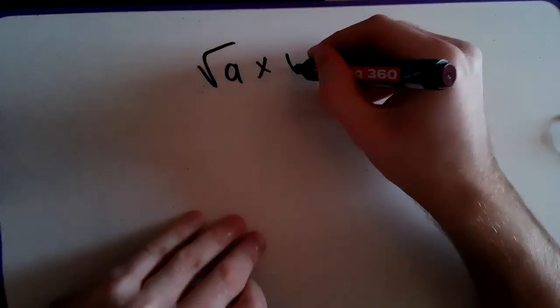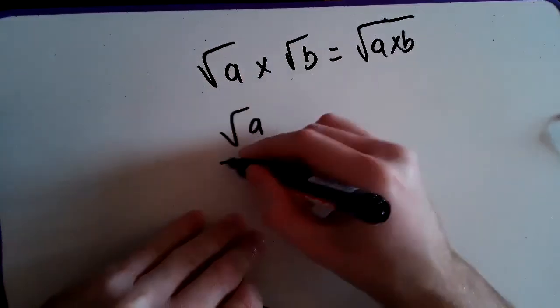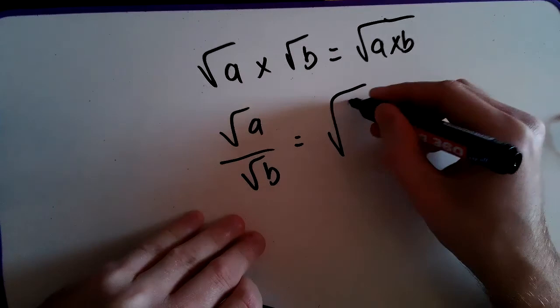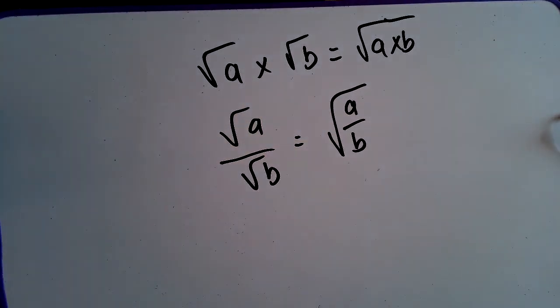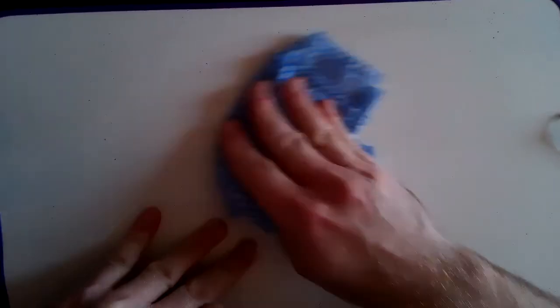So I'm just going to go through that quickly. Stuff like this: root a times root b is root ab. Root a divided by root b is root a over b. We know that. I could put some numbers in there and we can have a play around if you want. But the main one I want to look at is this one here.